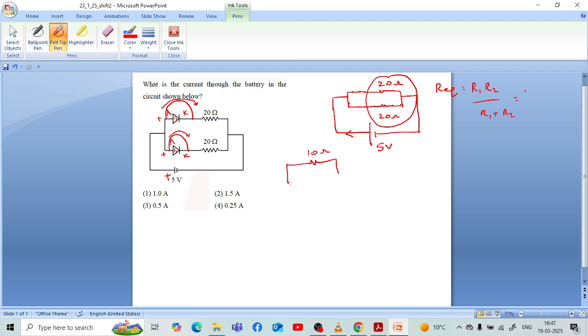This is the simplified circuit, and we have to find the current I here. The current I equals total voltage, 5 volts, upon total resistance, 10 ohms. So this comes out to be 0.5 amperes. So 0.5 ampere is the third choice. The third option is correct here.